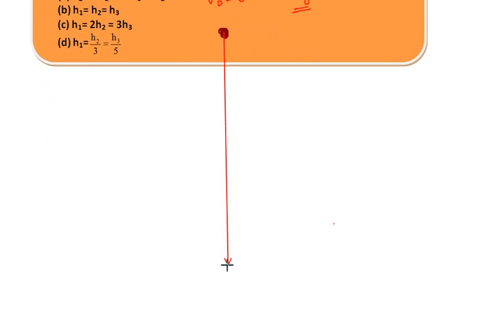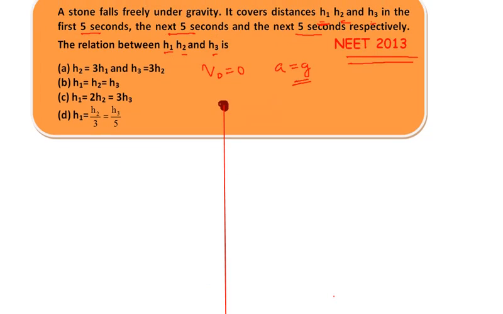It starts from rest, therefore we can consider time equal to 0 at this point. In the next 5 seconds, when t equals 5 seconds, it covers a certain distance, and if you consider one more 5 seconds, that means 10 seconds, and again one more 5 seconds, t equals 15 seconds.